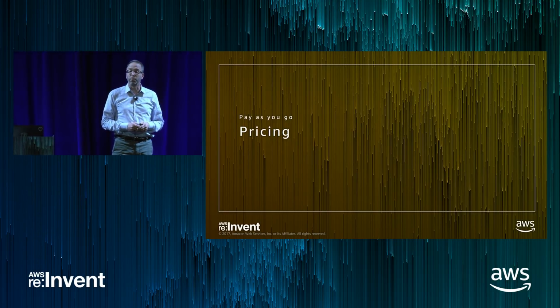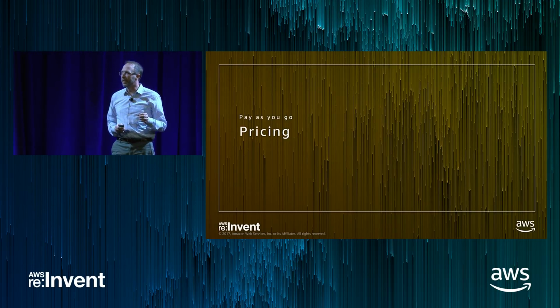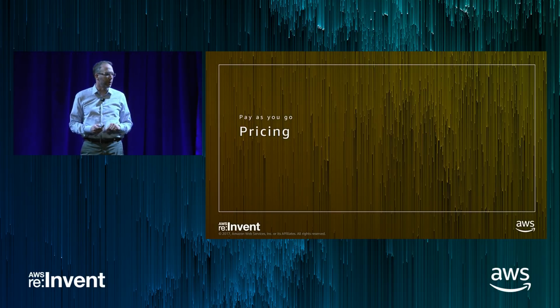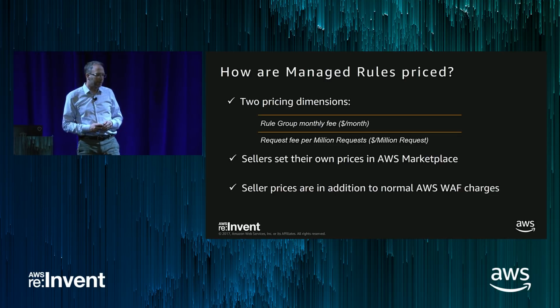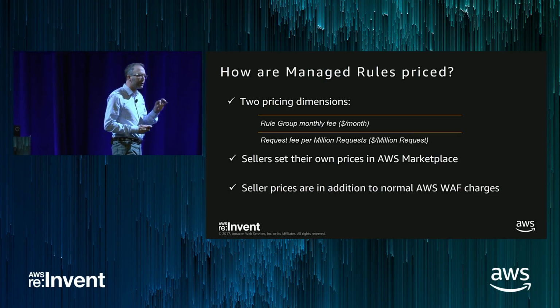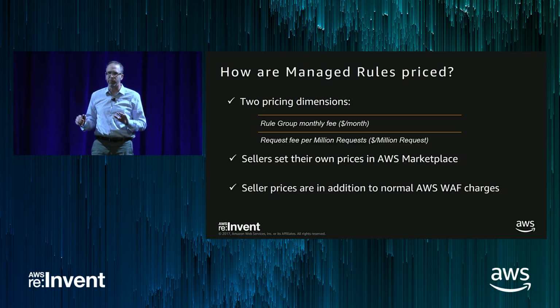Hold on just one, oh, there we go. Okay. So you already got to see pricing very briefly during the demo that Sundar showed you. But just to reiterate, I want to be sure that it's clear for everyone how this works. So I think the first important point is that if you are a customer who's been using AWS WAF and you decide to enable one of these managed rule sets, there are no additional AWS WAF charges associated with this new feature.